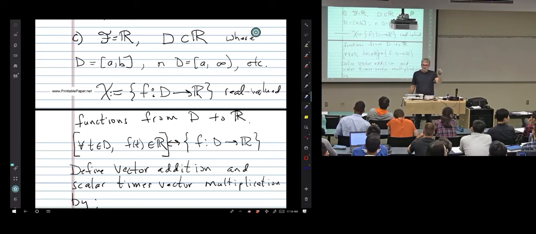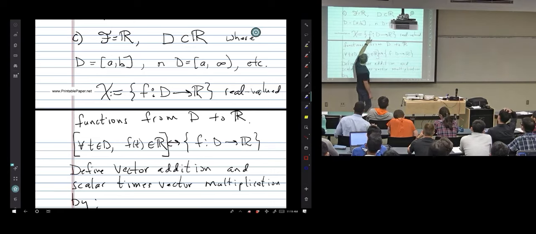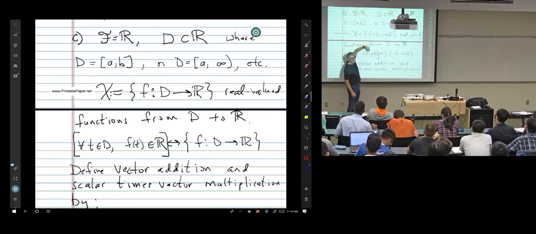I'll give one. Suppose I had a set that had 5 elements in it. Okay? Then functions and columns of 5 numbers, they're the same thing.